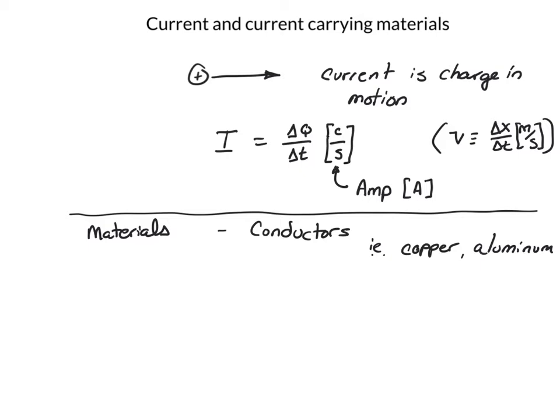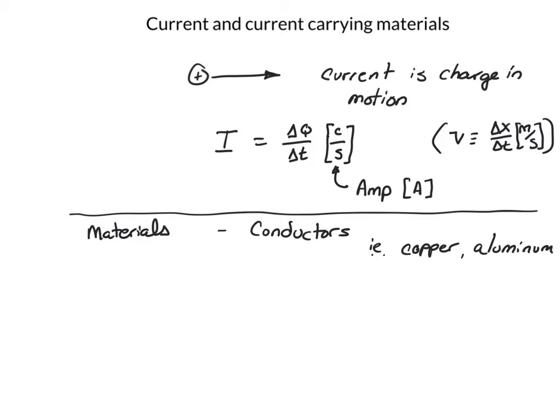Both of those are excellent conductors, and you'll see houses and so forth wired in copper, and you'll see them sometimes wired in aluminum. Sometimes the industrial facilities are wired with aluminum. So they're good conductors. They let charge flow easily.